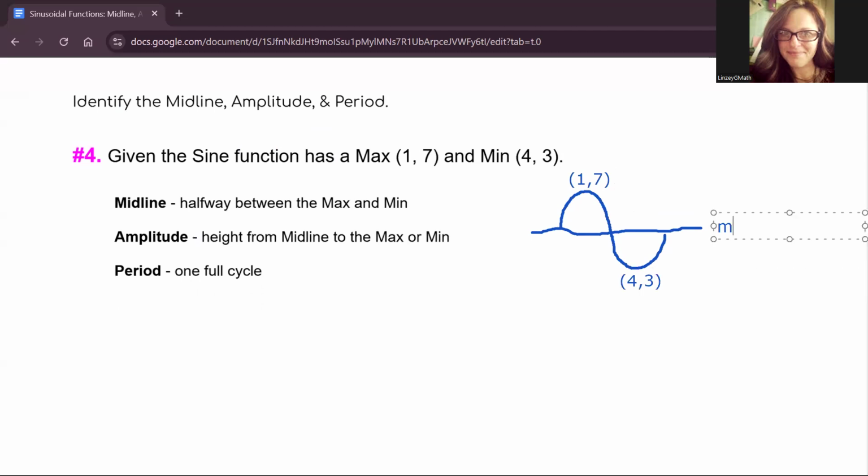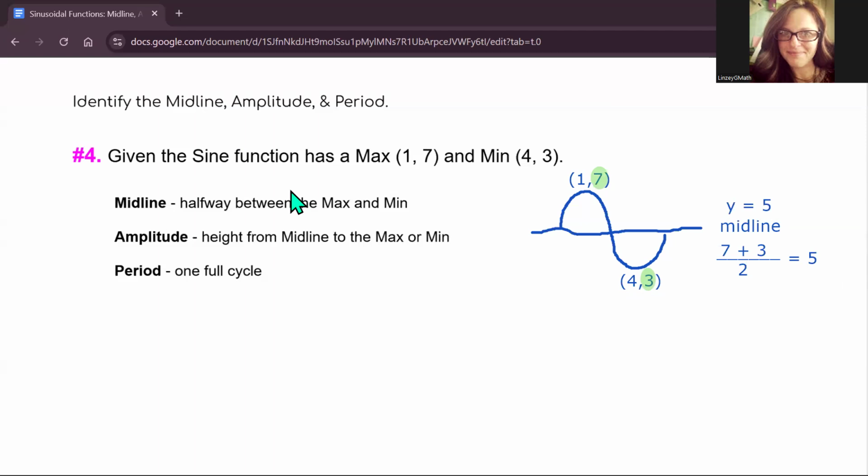So here is our midline, halfway between the maximum height and the minimum height. Halfway between 7 and 3, we can add 7 plus 3 and divide by 2, and we get 5. So our midline is y equals 5.